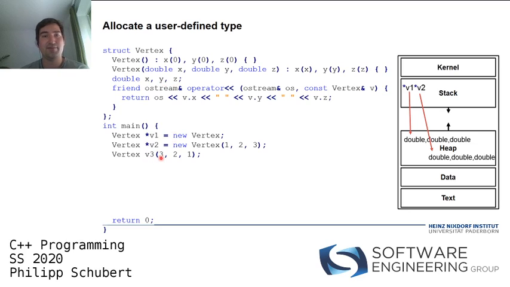And this thing here, without using new, you just allocate on the stack, which means after those 2 pointers, you now have 3 double variables, which represent that vertex type, and those are now on the stack. So you, as a programmer in C++, can decide: should this piece of data go on the heap? Then you use new. Or should it go onto the stack? Then you don't use new, you just allocate on the stack here.